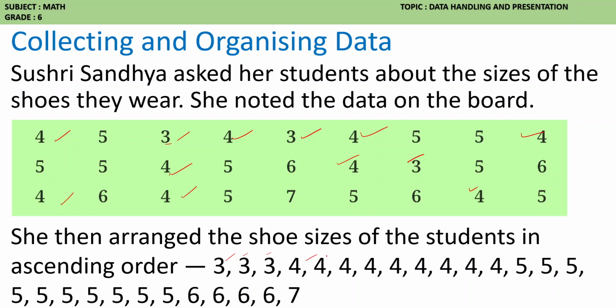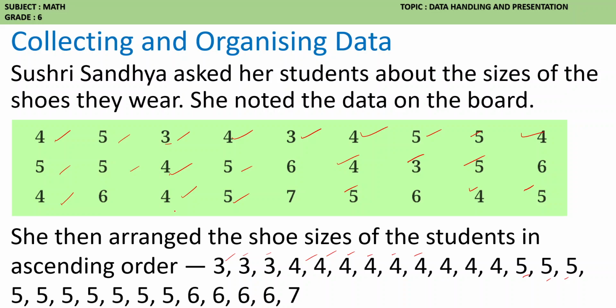So 9 times shoe size 4 is there. Next is 5. 1, 2, 3, 4, 5, 6, 7, 8, 9, 10. So 10 times we have written 5.